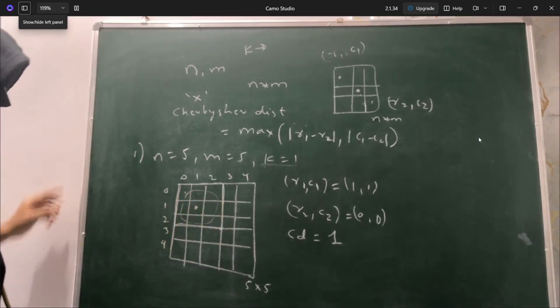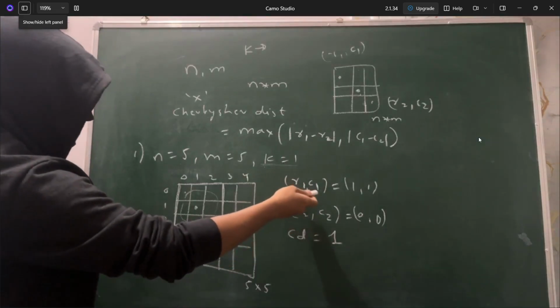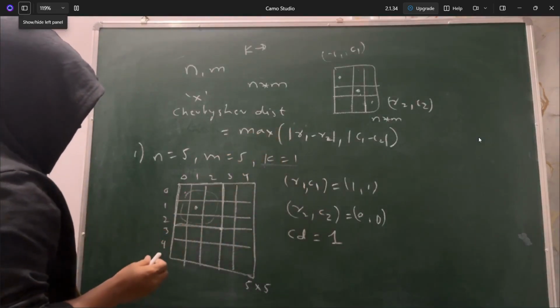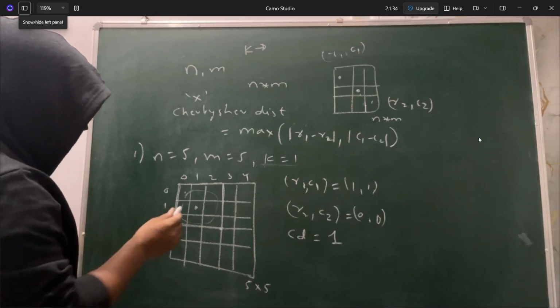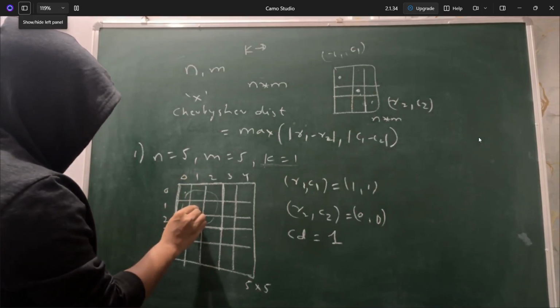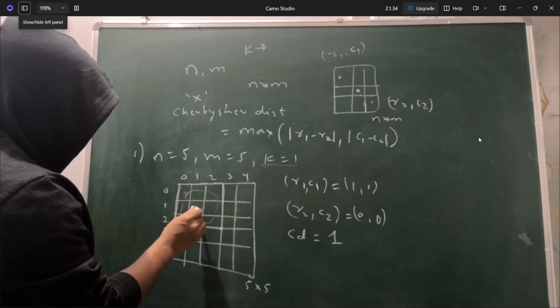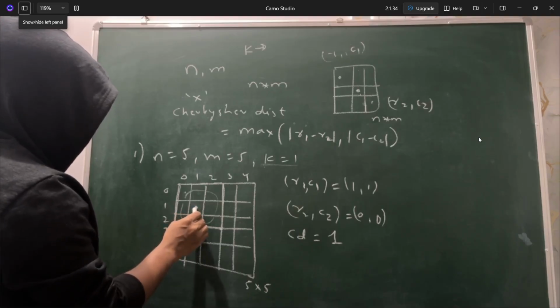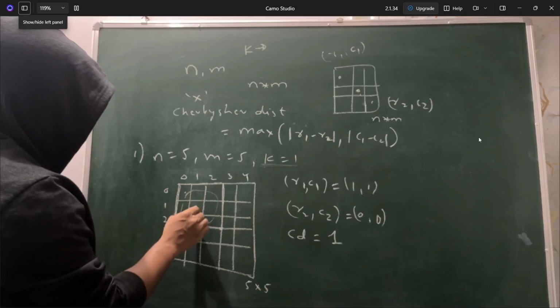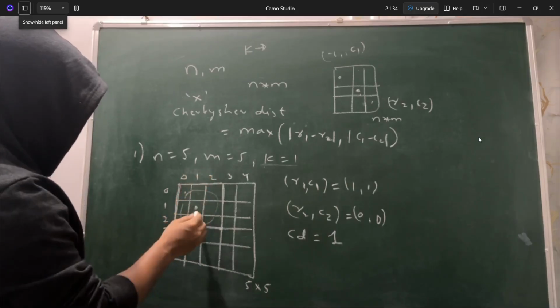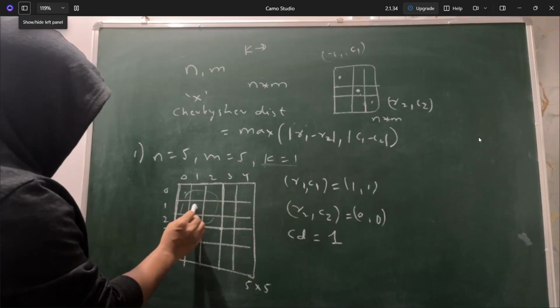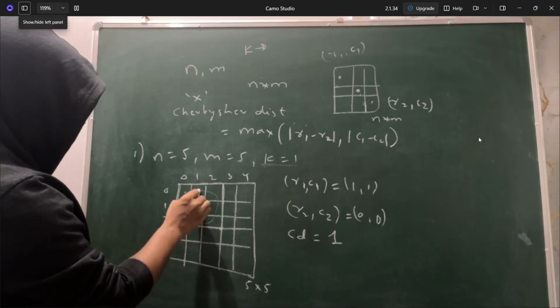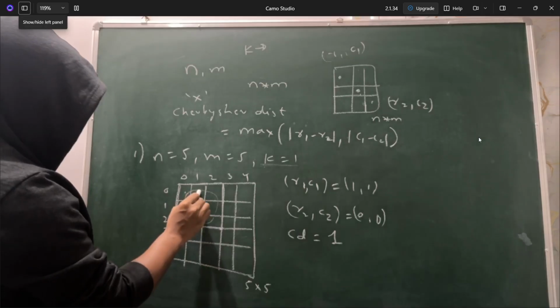How do we say that? Because we compute it using R1 minus R2 with this distance. One more catch is that since k is 1, the sensor at a given location covers up to that much k distance. Since k is 1, if you go from this cell to this cell, your distance is 1, so this is covered.